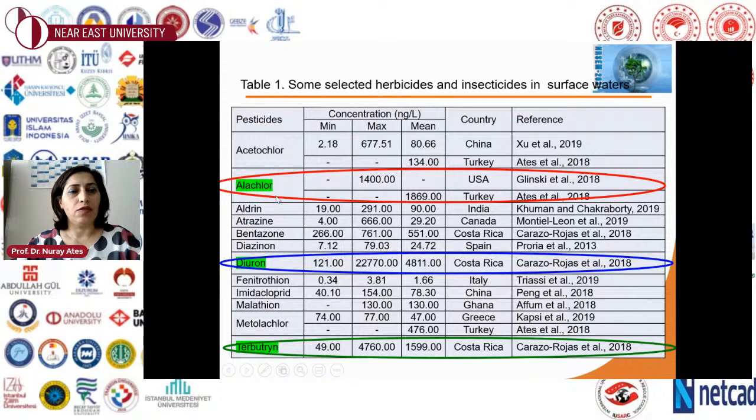However, among them, alachlor, diuron, and terbutryn reach maximum concentrations at microgram per liter level. For example, the diuron concentration is around 22 micrograms per liter. So these concentrations, even at nanogram or microgram levels, have serious health effects on living organisms.